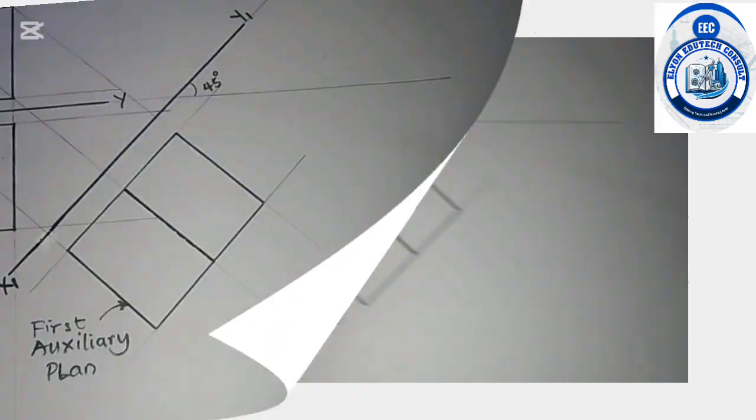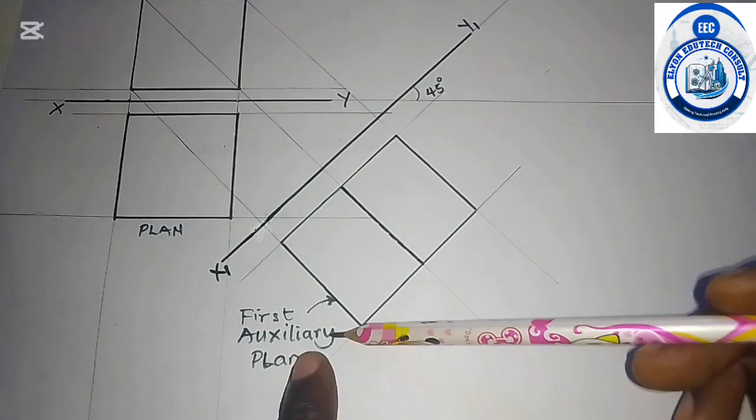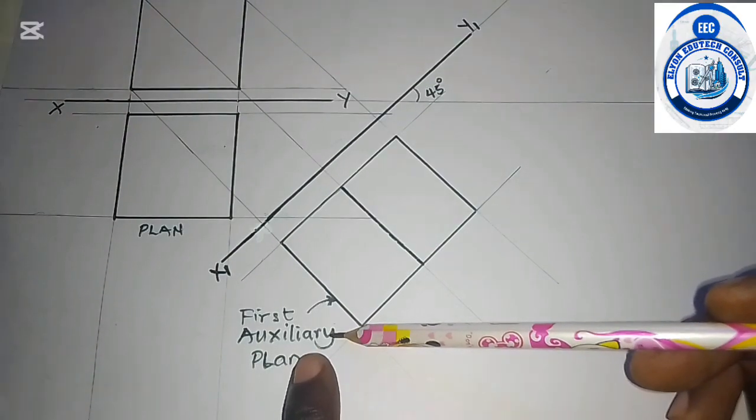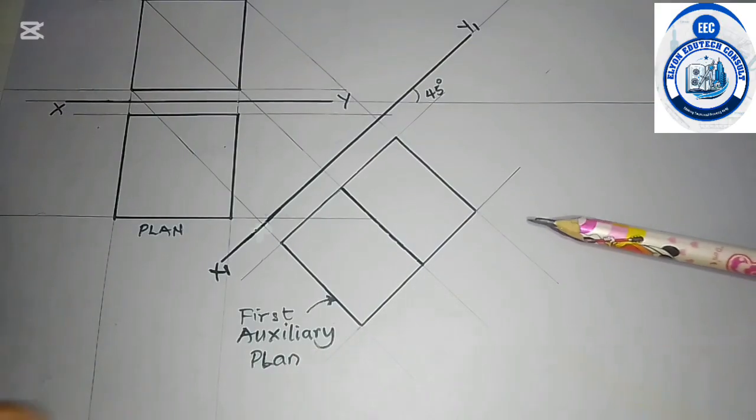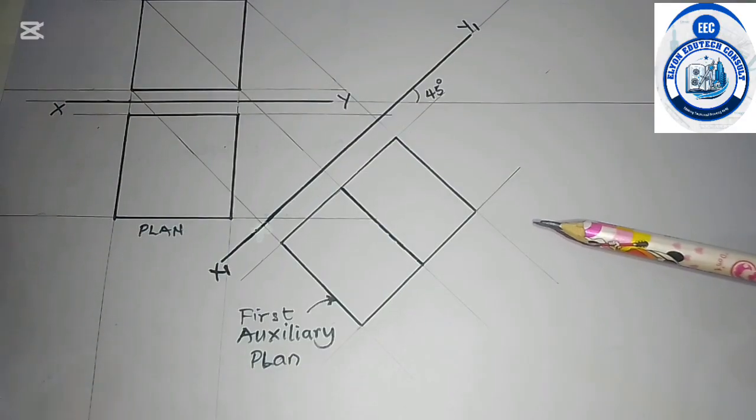Okay. Now the second auxiliary elevation is produced from the first auxiliary plan. You can take a look at my video on the introduction to the auxiliary projection of geometrical solid, you understand better.